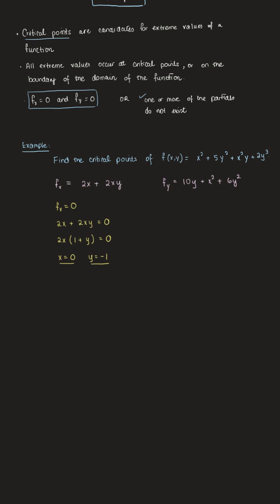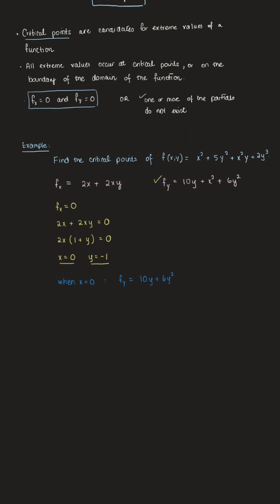All right, so let's plug both of these values separately into our partial with respect to y. We want to know for what values of x or y we will have critical points. So we'll first see when x is 0. We know that our partial with respect to y, I'm just going to plug in 0 for x, gives us 10y plus 6y squared.